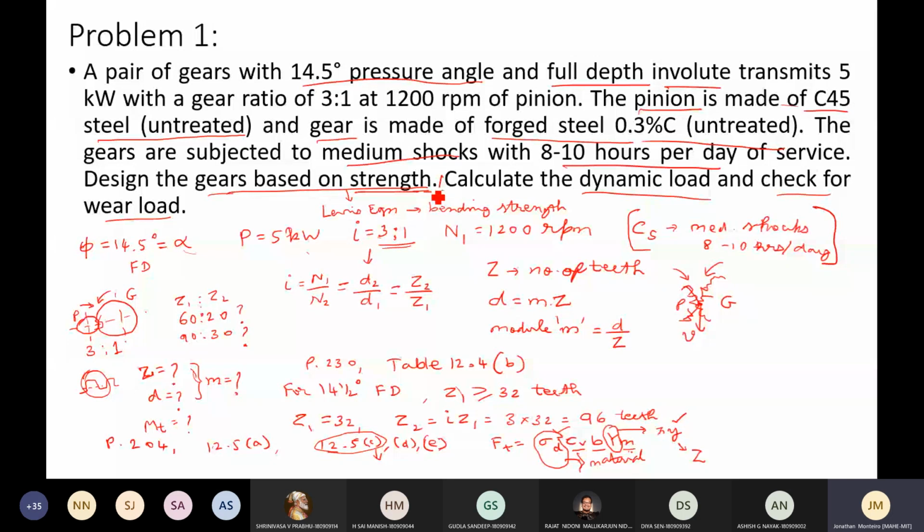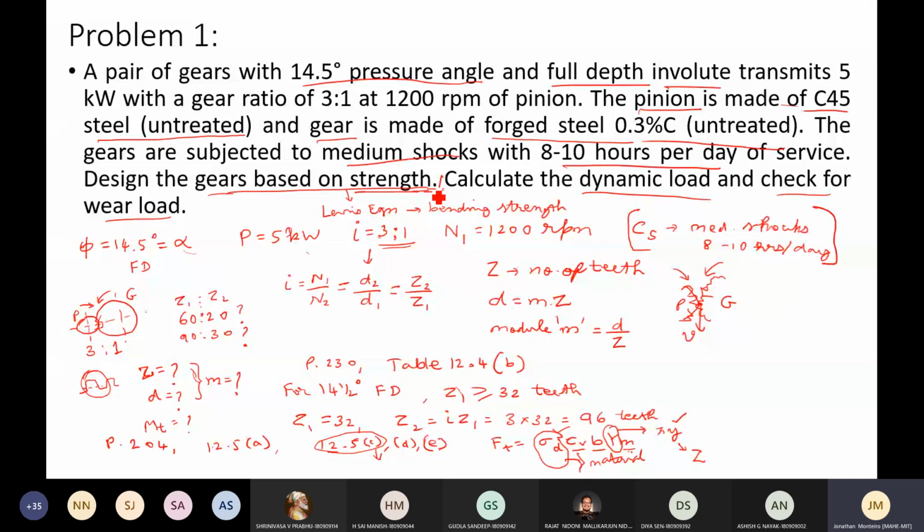Design based on strength, as we have understood, using the Lewis equation, had one drawback: it takes a stationary tooth into account. It does not consider the extra forces or inertial forces acting on the gear and tooth due to its rotation.